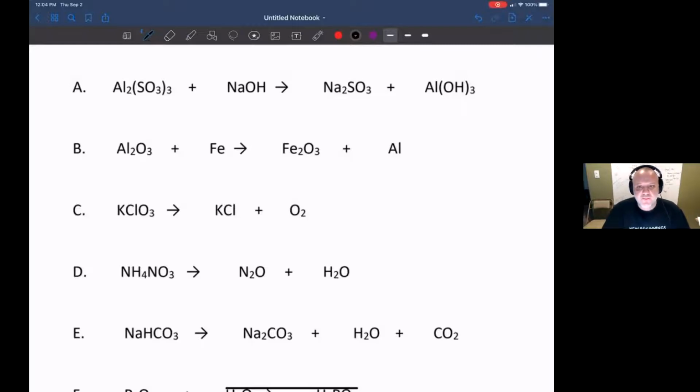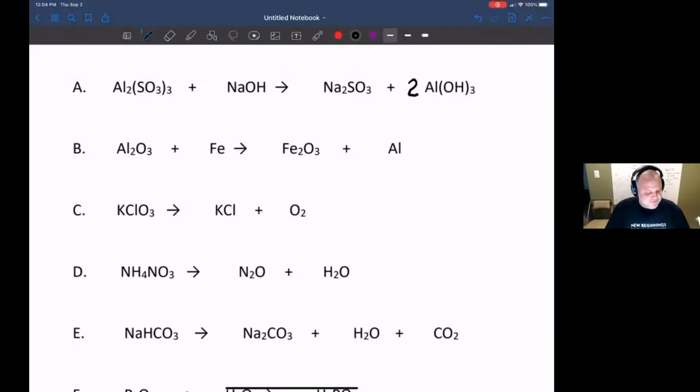If I were looking at this problem, I would look at the aluminum sulfite and say that it looks like it's the busiest formula. And so I would say, look, it looks like I have 2 aluminums on the reactant side, so I need 2 aluminums on the product side. Then go from there. I wouldn't try to deal with oxygens and hydrogens right now.